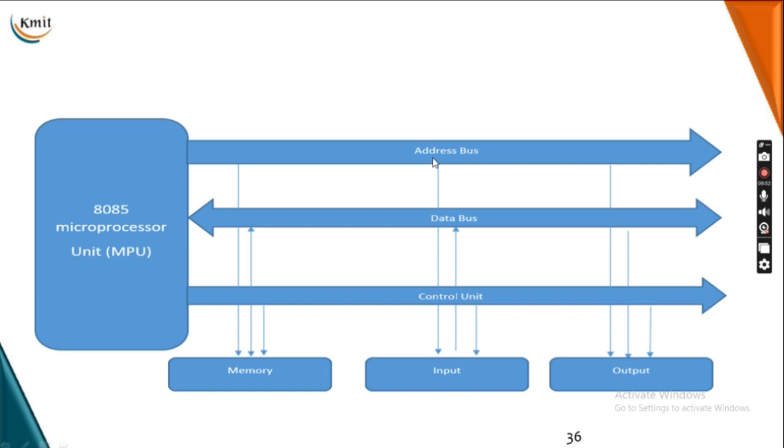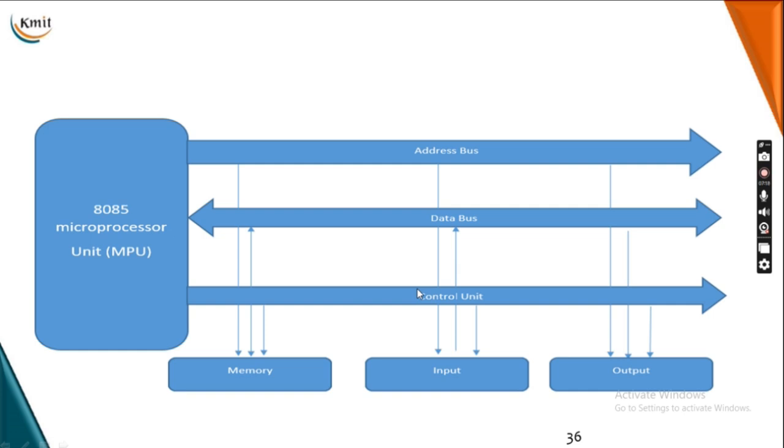So address bus is a one-way communication, whereas data bus is a two-way communication, nothing but it can read the data as well as write the data. It can write the data into the memory, or read the data from the memory.